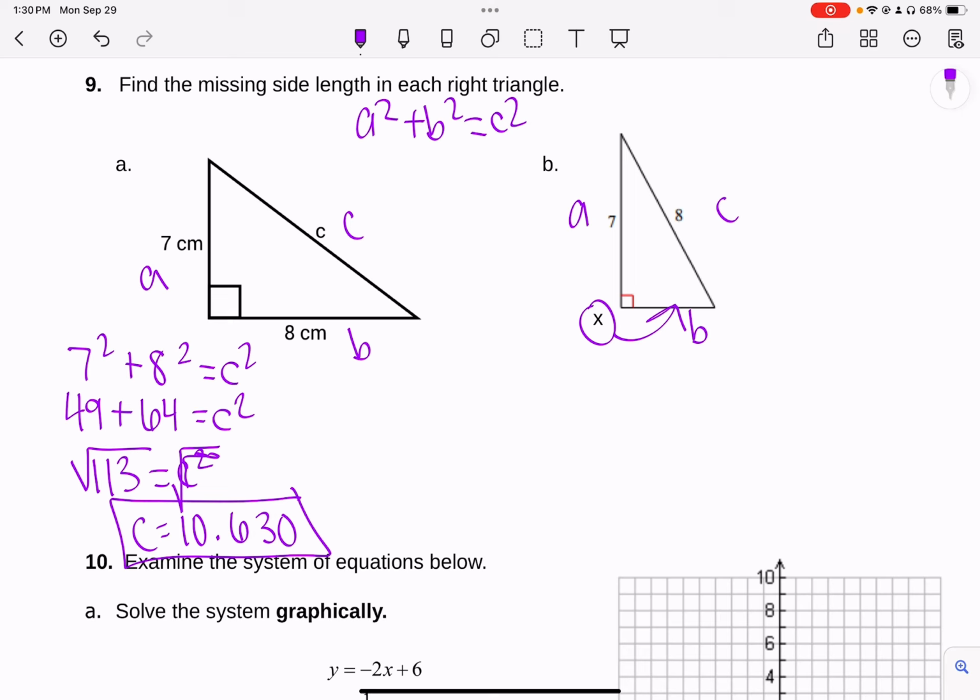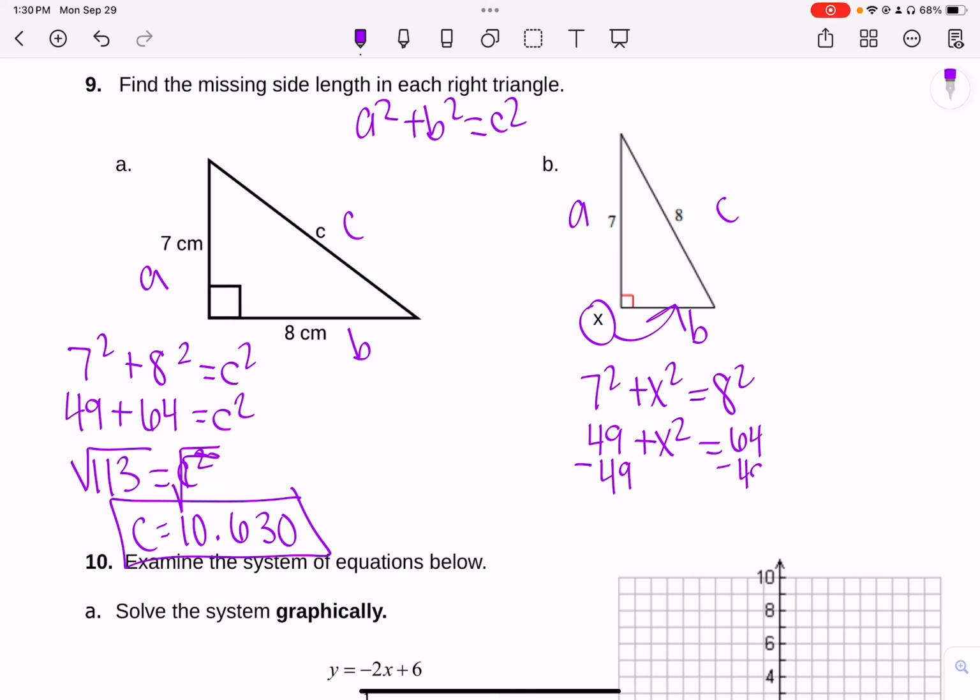Then on part B, same situation, same setup. So we're going to do 7 squared plus x squared equals 8 squared. This is a little bit different because of the location of your variable. So we're still squaring all the things that we can. But when we get to the next step, we've got to get the x alone. You're kind of ignoring that squared until you get to that very last step where you undo that.